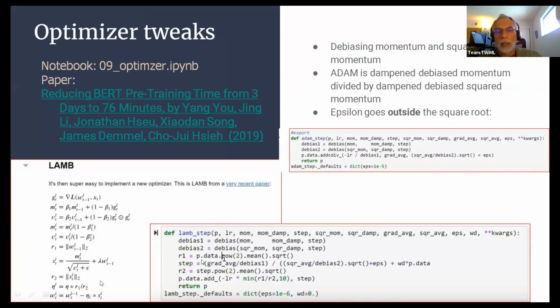I don't have the formula for Adam here, but LAMB is sort of a new upgraded version. It's similar to Adam, but more sophisticated and better. In both Adam and LAMB, you have a formula with an average of the gradient that's debiased, and then the average of the squared gradient that's debiased.